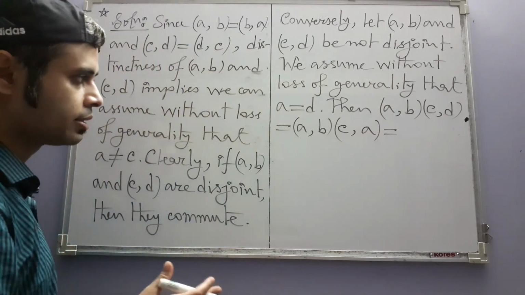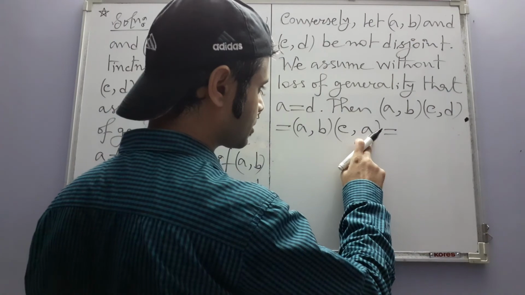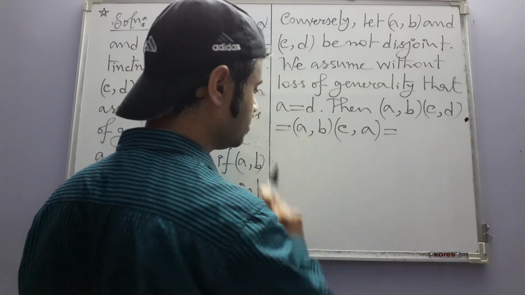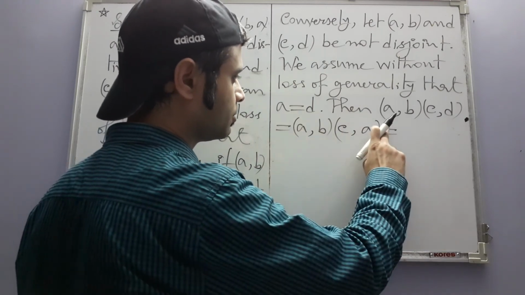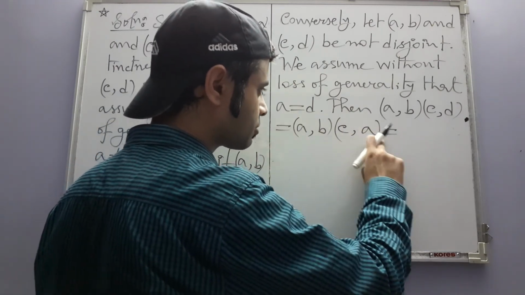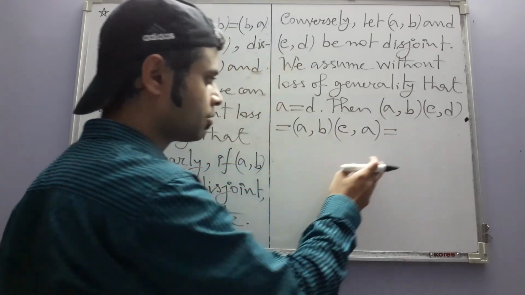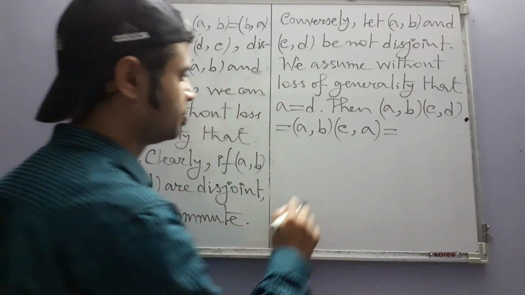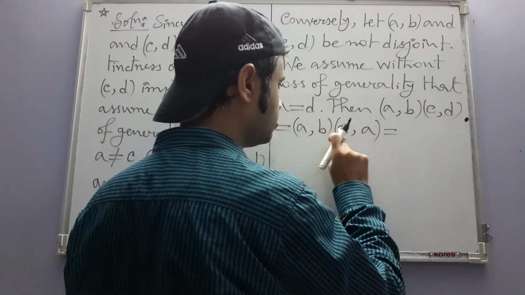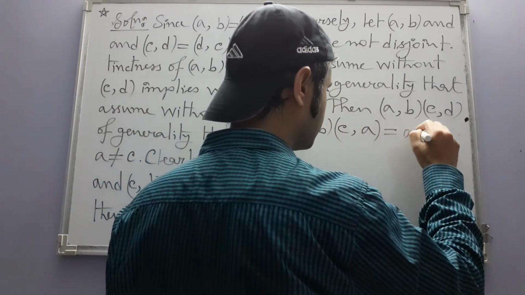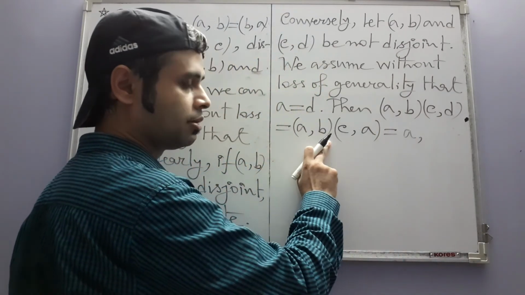And while calculating this type of products, we should again recall that we have to start from this side and then move to this side, because these are functions, right? So when you apply these functions on something, this one gets applied first and then this one is applied to that result. So this one sends A to C, and that C is unaffected then by this one.